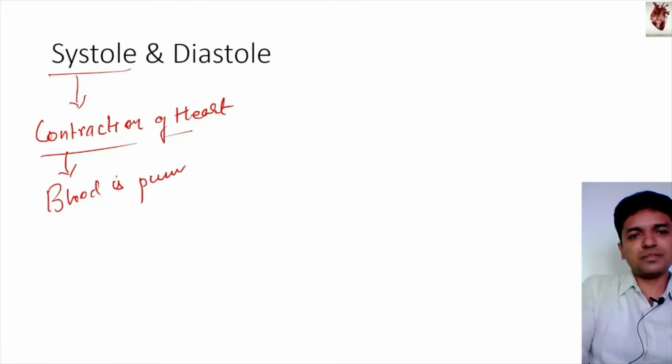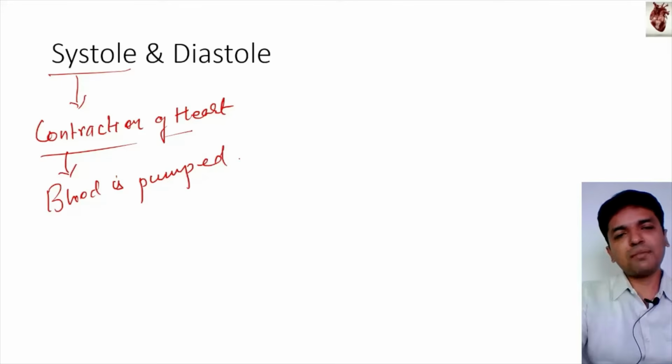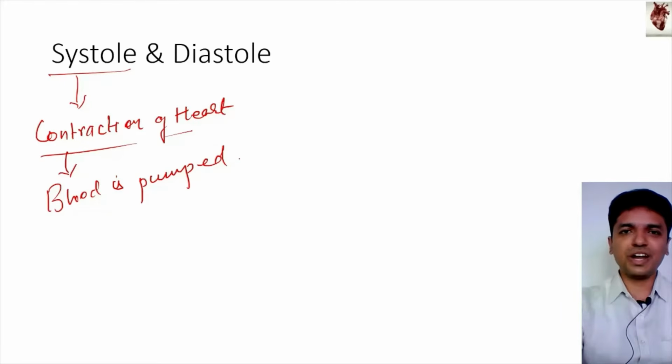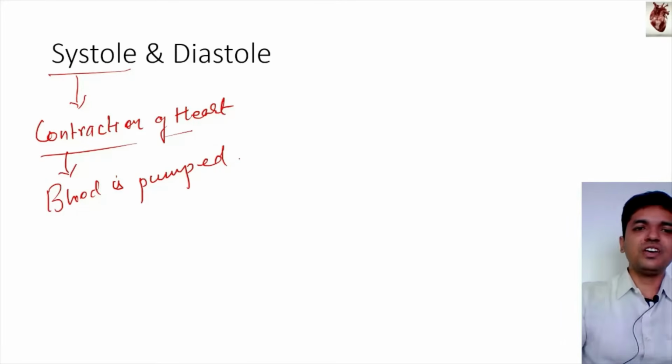It can be related to atrial systole or to ventricular systole. If there is atrial systole, the blood from the atria is pumped into both the ventricles, and if there is ventricular systole, the blood from the ventricles is pumped into the large arteries like the aorta and the pulmonary artery. Okay, so this is one phase of the cardiac cycle.